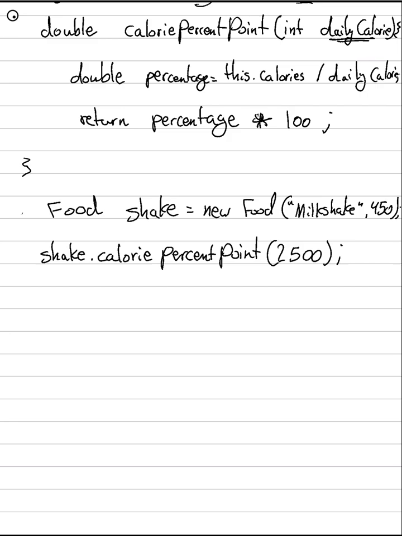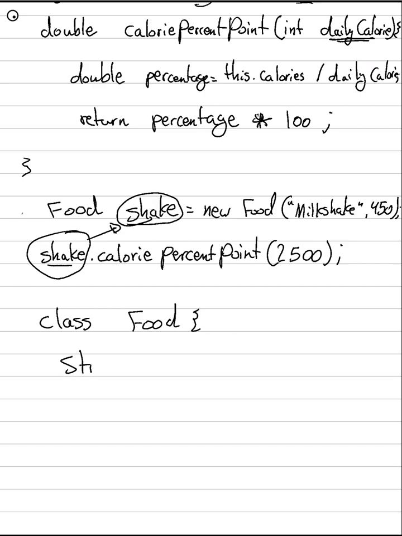Let me clarify, please. Can you tell me why do we write shake dot calorie? Because we want to reference this. So we have a class food, and it has a string name, and it has probably an int calorie, and it has probably a constructor.